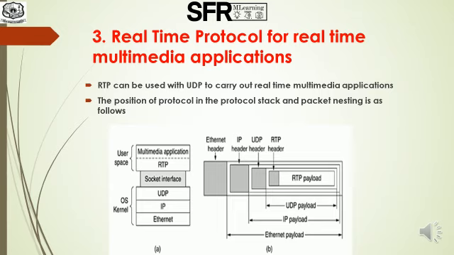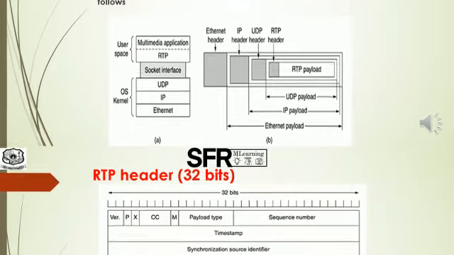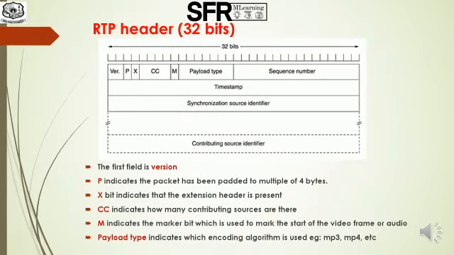So in the packet nesting, first there is a UDP header, and in the UDP payload field there is an RTP datagram. The RTP datagram has an RTP header and RTP payload. So like that, the packet nesting is in the UDP. In the RTP header, there are 32-bit words that contain many fields.